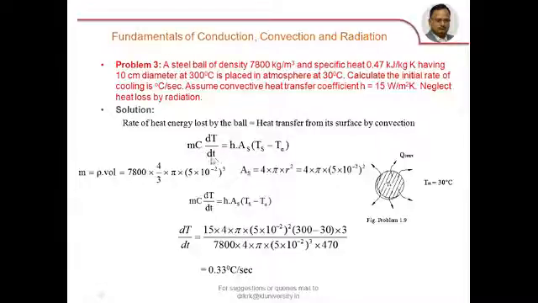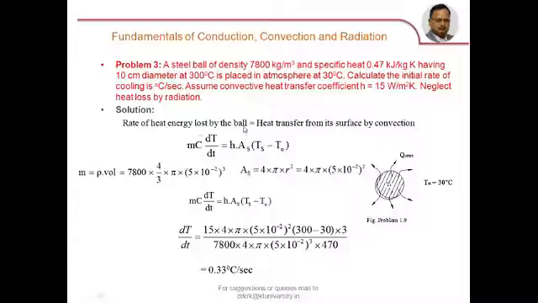by dt, time. The small t represents time and capital T represents temperature. mc dT by dt equal to hA delta T, convective heat transfer. Look at this energy balancing equation, very important.